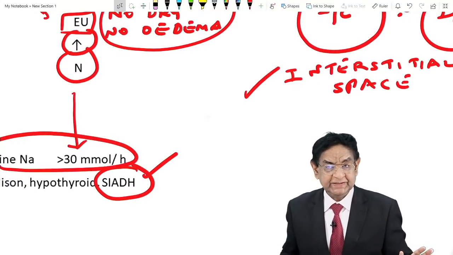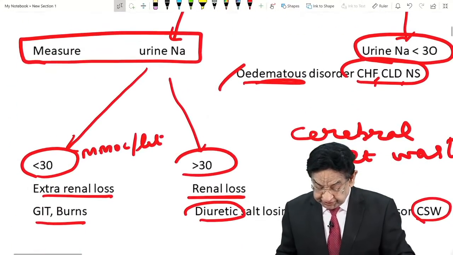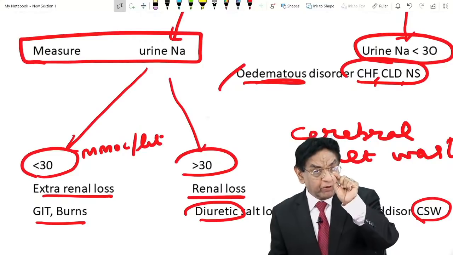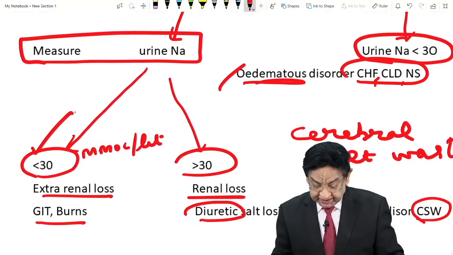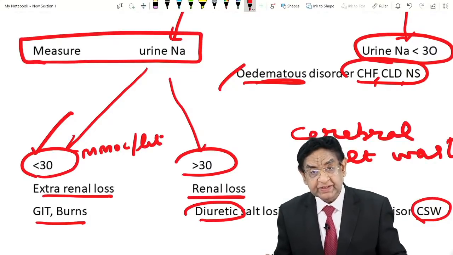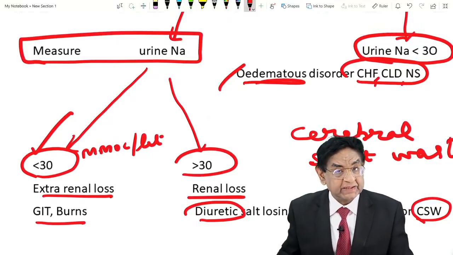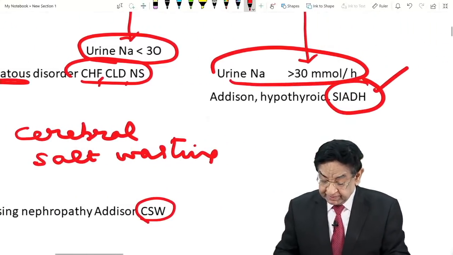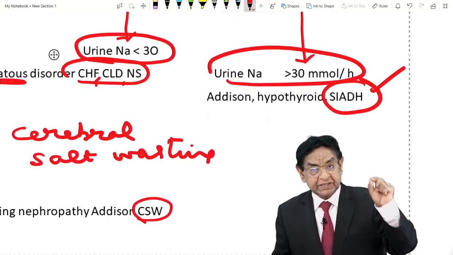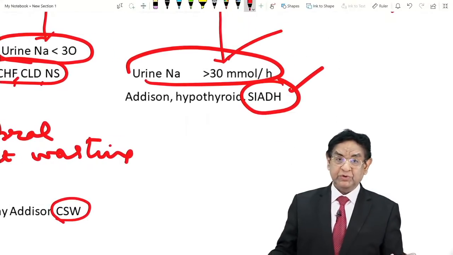So very simple. So friends, urine sodium in the hypovolemic variety we are getting 2 varieties. In extrarenal loss, the urine sodium is less than 30. In renal loss, it is more than 30. In the edematous state, urine sodium is less than 30, and in this we are getting more than 30.